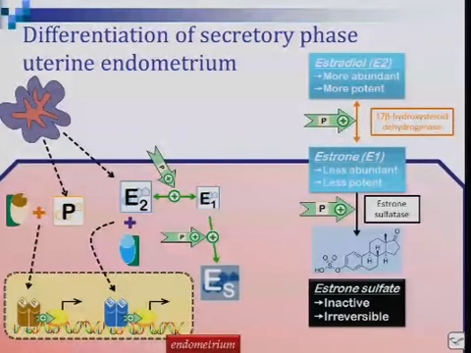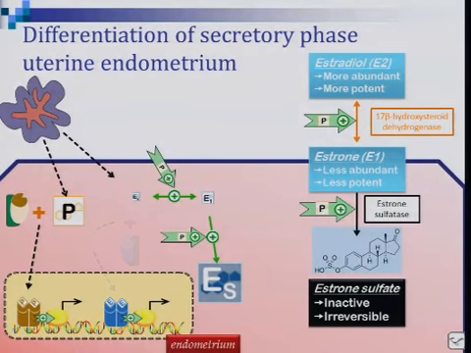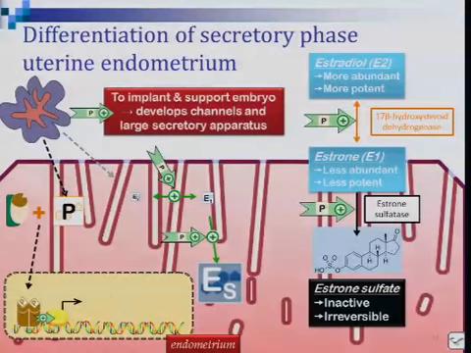Okay, so this accumulation of inactive estrone sulfate means that E1 and E2 have to be reduced. Okay? That leads to the loss of the synthesis of the estrogen receptors and estrogen's transcriptional program, and that was what leads to the differentiation of the endometrial cell wall.